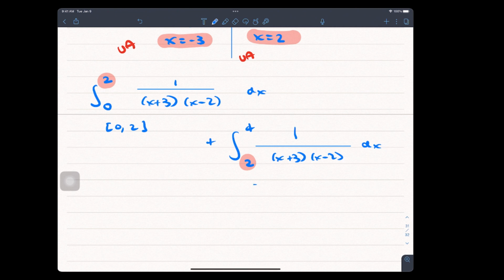Here, 2 to 4. You got a discontinuity at 2.